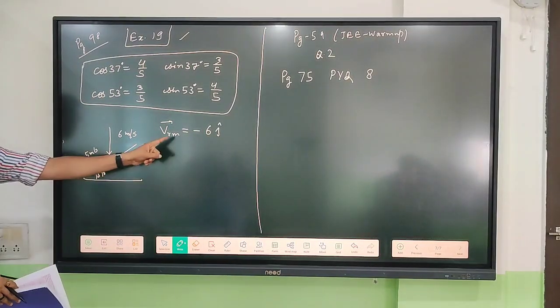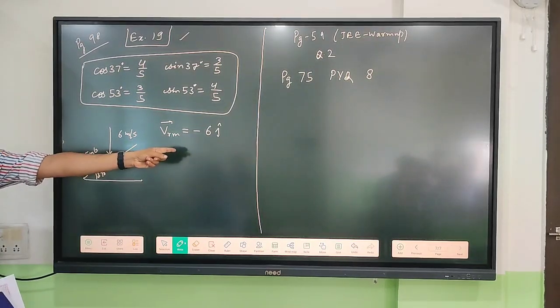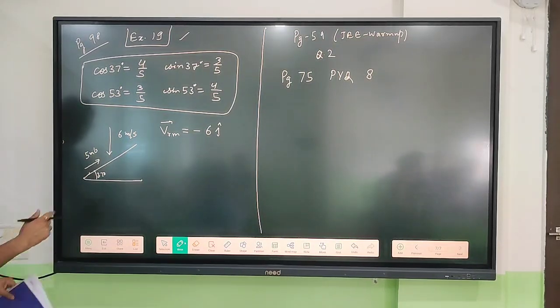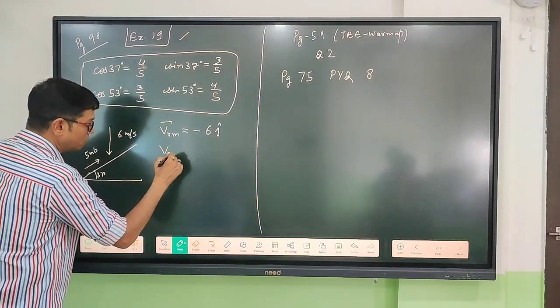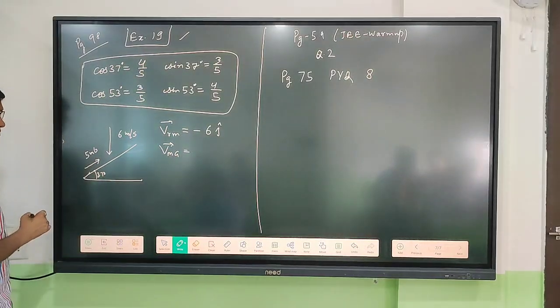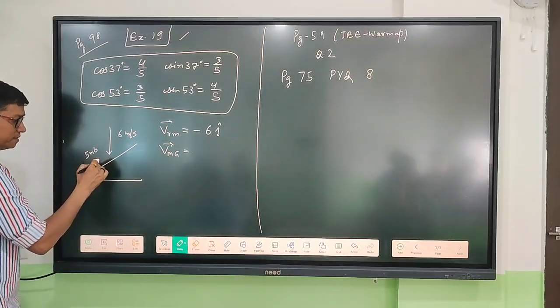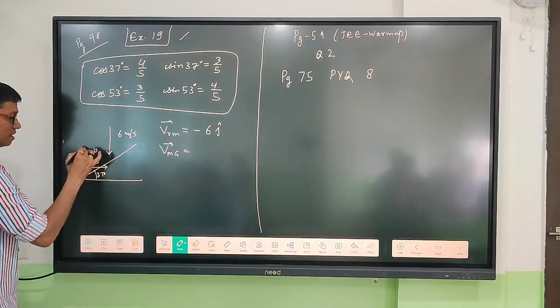To this man, rain is appearing vertically down, right? Can we write the velocity of this man with respect to ground in ij? He is going on an incline. That means he has a velocity component like this and like this.